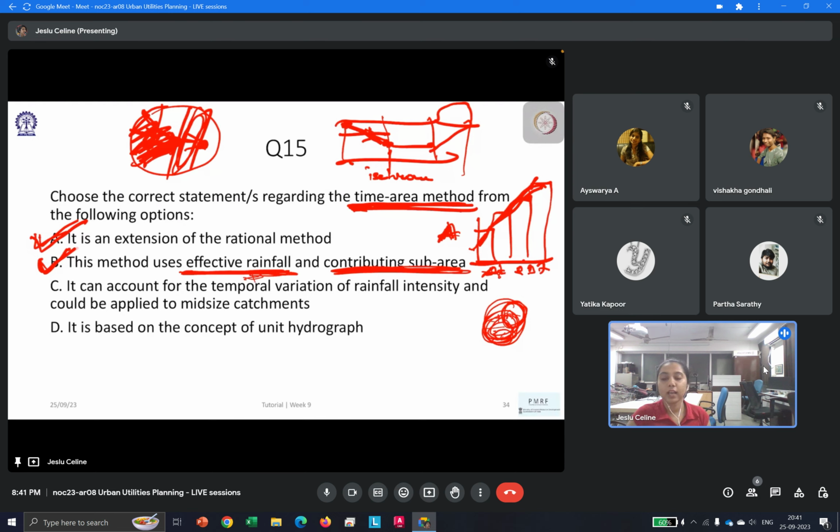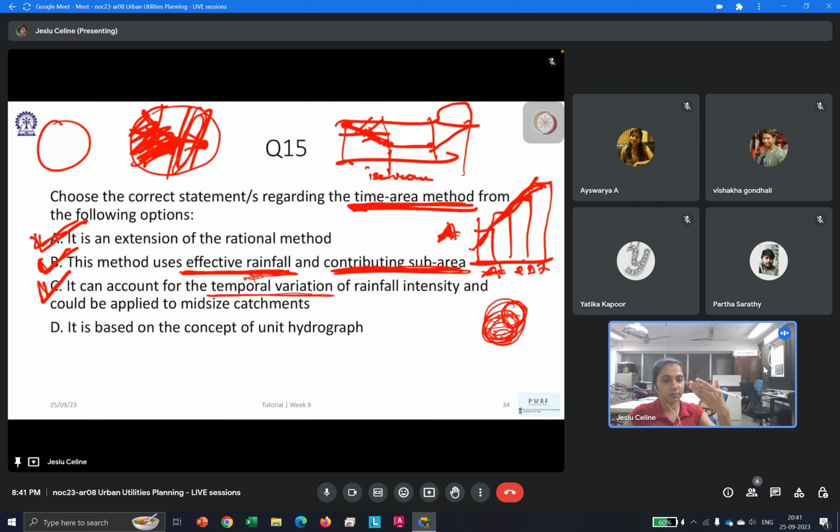Now, it can account for temporal variation of rainfall intensity and could be applied to mid-sized catchments. True or false? True. Because again you're dividing it into multiple segments, which means you can account for the temporal variation.